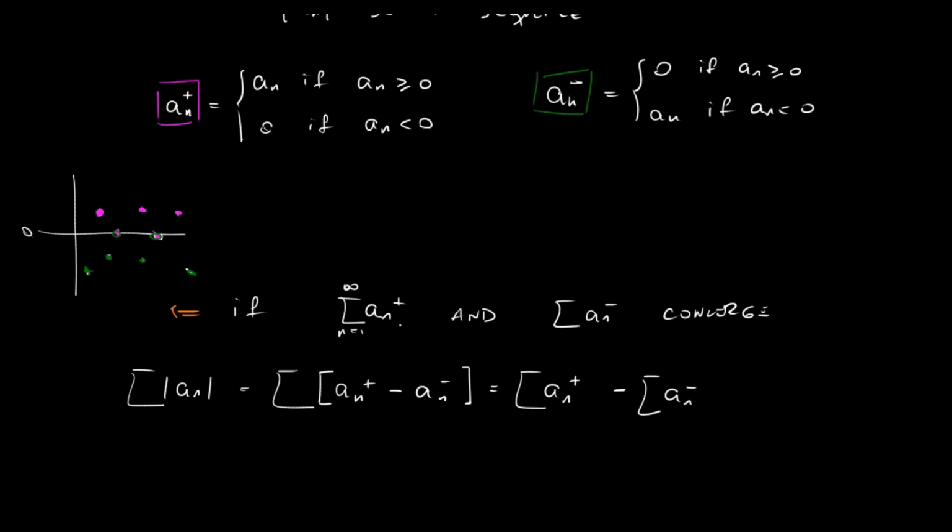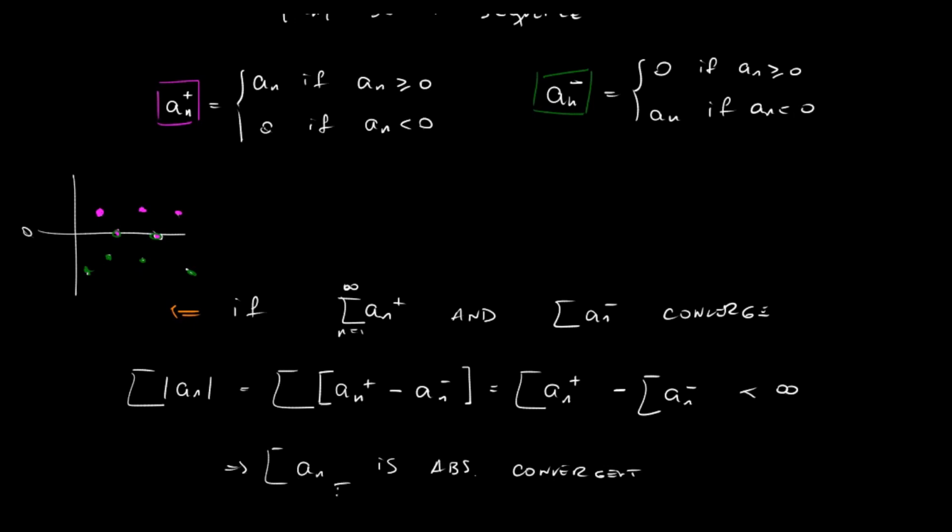And we know these are both convergent series, so then the sum of two convergent series is just the sum of two numbers, and it's smaller than infinity. So then a sub n is absolutely convergent, the series.